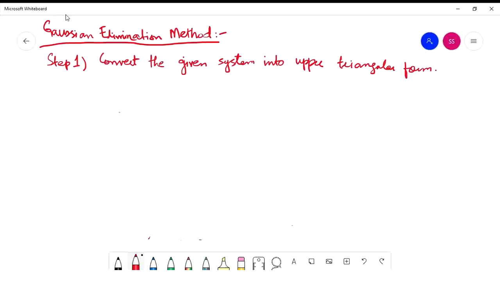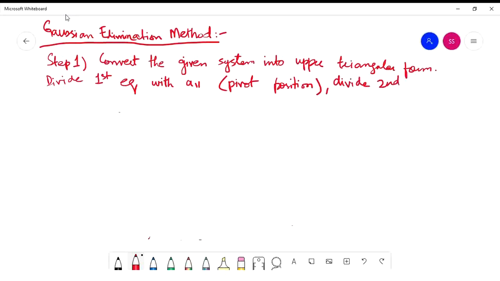Like in the first row, your pivot position is A11, so you have to divide the first equation by A11. That is the pivot position, right? Next, divide the second equation by the pivot position of the second row, A22.